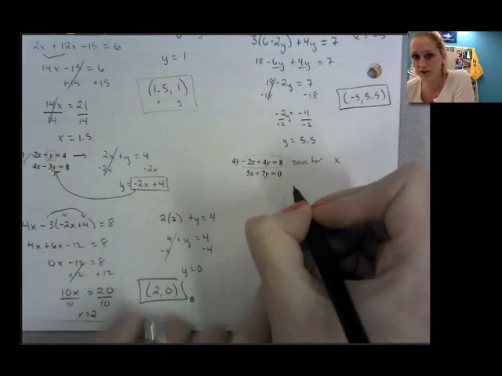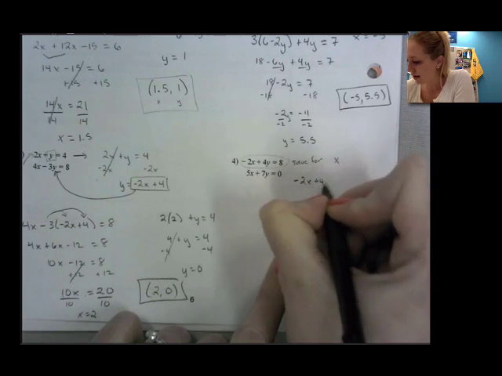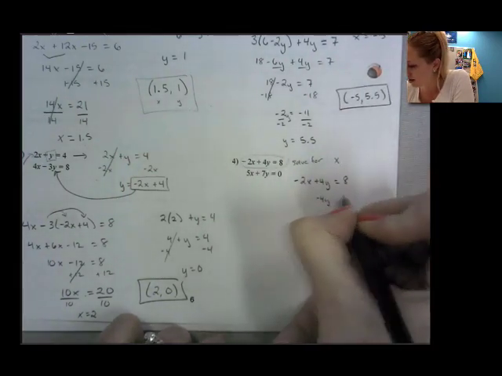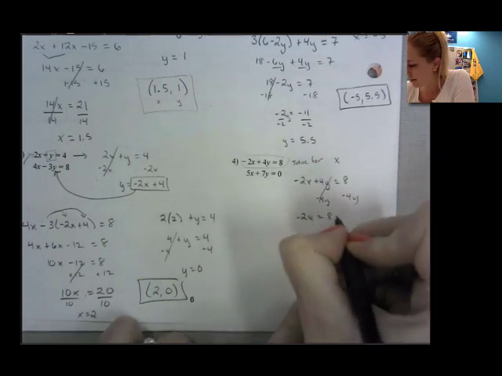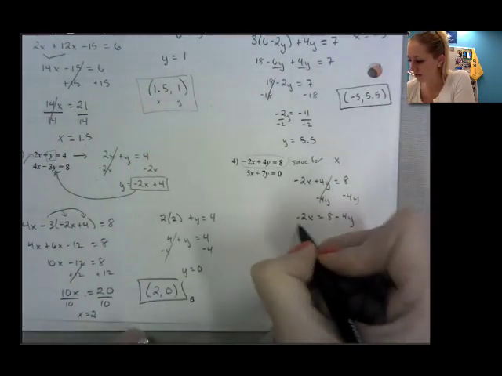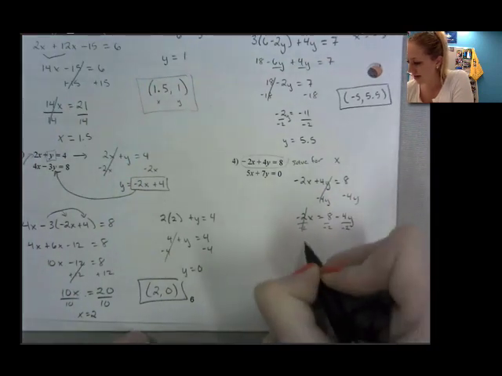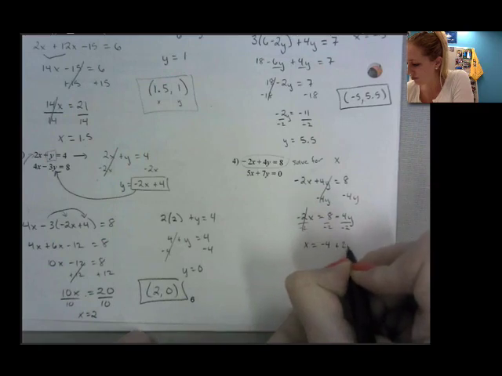Okay, so I want to get x by itself. So I have negative 2x plus 4y equals 8. So I'm going to start by subtracting 4y. So I have negative 2x equals 8 minus 4y. I'm going to divide everything by negative 2. So I get x equals negative 4, negative divided by negative is positive 2y.